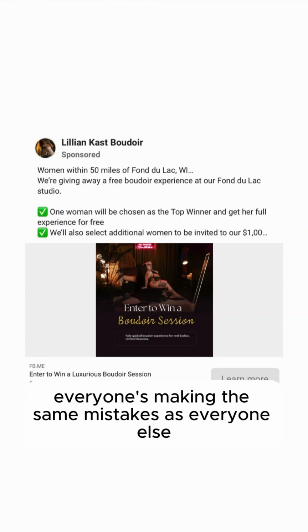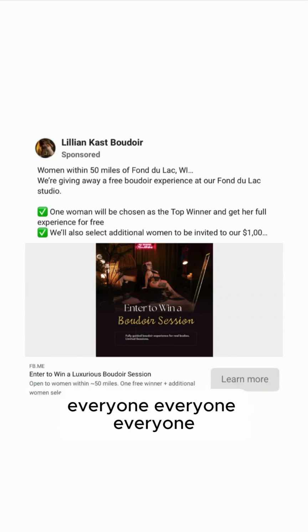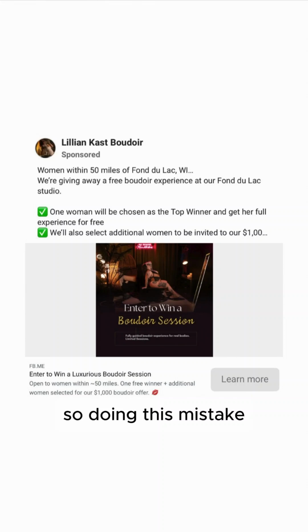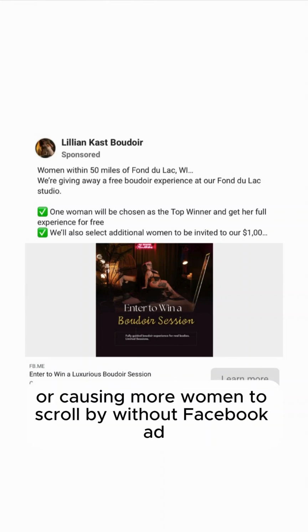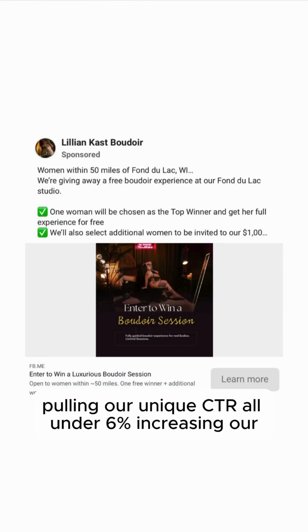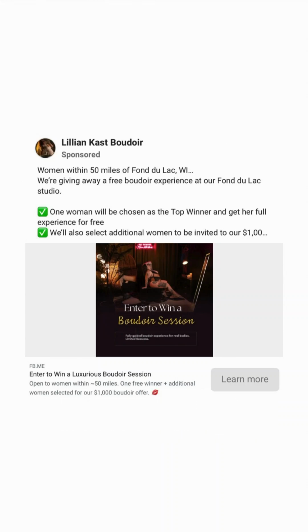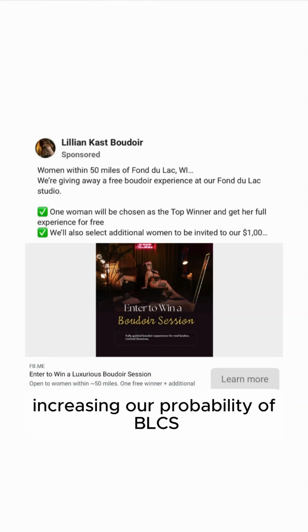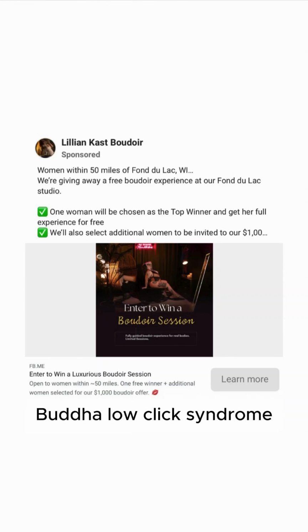It's because everyone's making the same mistakes as everyone else. So doing this mistake, we're causing more women to scroll by our boudoir Facebook ad than necessary, pulling our unique CTR under 6%, increasing our probability of BLCS, boudoir low click syndrome.